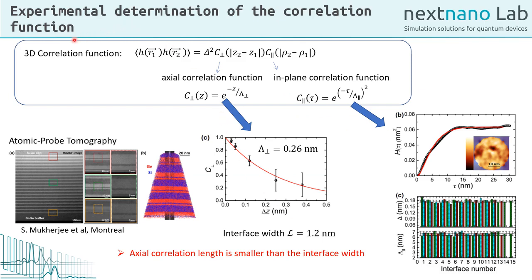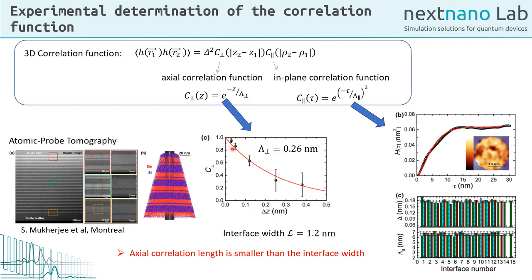And in fact, this 3D correlation function can be measured experimentally. For the axial part, atomic probe tomography has been carried out, and the axial correlation function has been measured through the measurement of the different isoconcentration surfaces.